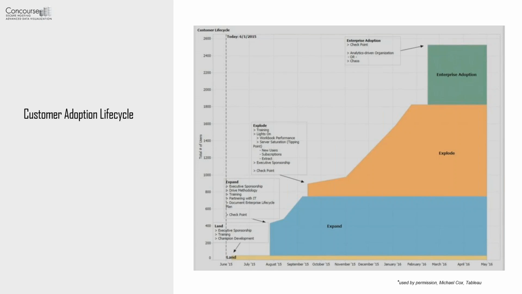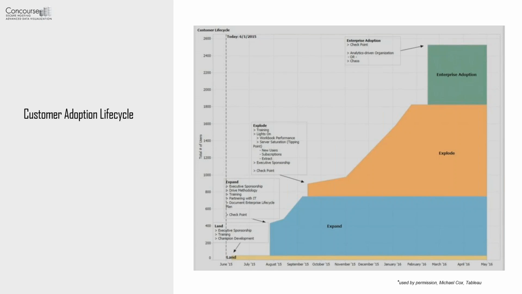I think what you're going to find is once you get a couple of reports in play and they're being used, people start to look over your shoulder when you're looking at them, and other people start to get interested, and that's when the explosion happens, right? Then you start to add the different departments, and then finally, enterprise adoption is where organizations get to.